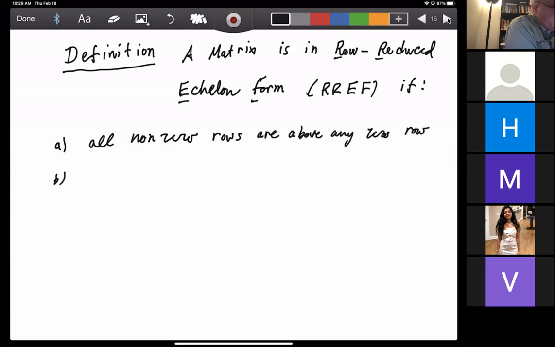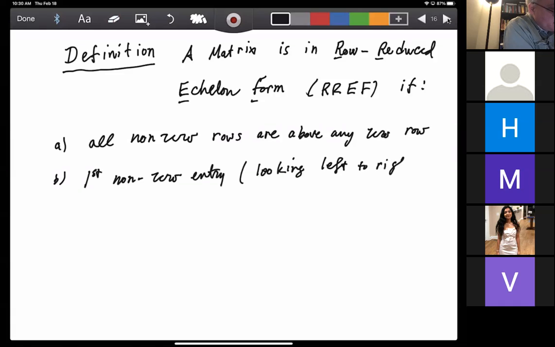B: the first non-zero entry, that means looking from left to right in a row, which is called our leading entry, also known as the leading entry, is a 1.